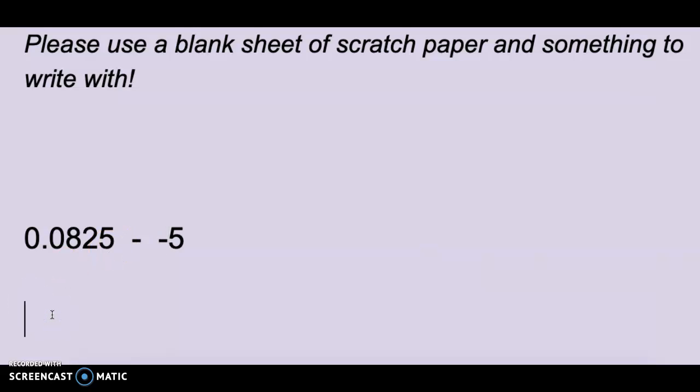Now we have 0.0825 minus -5. And the last question for this is 0.0825 divided by -5.